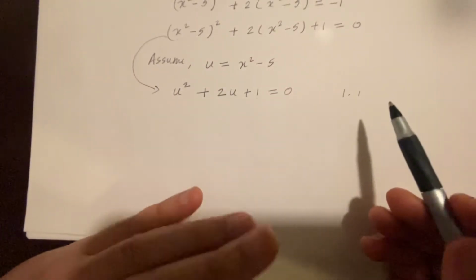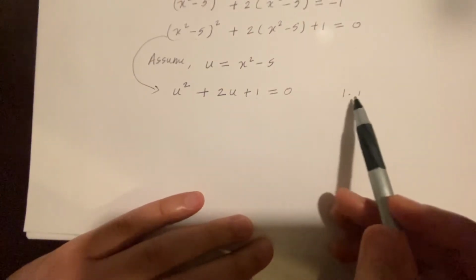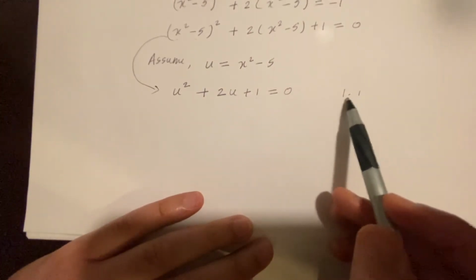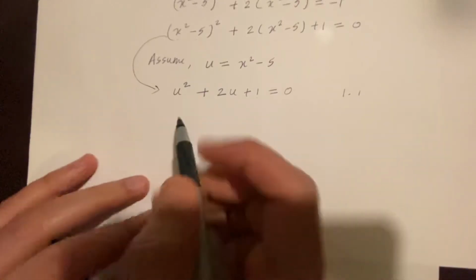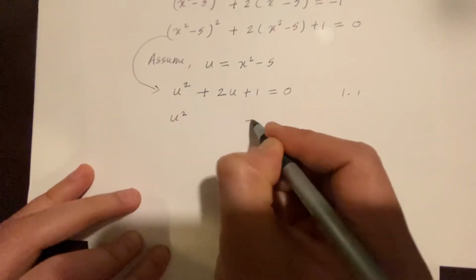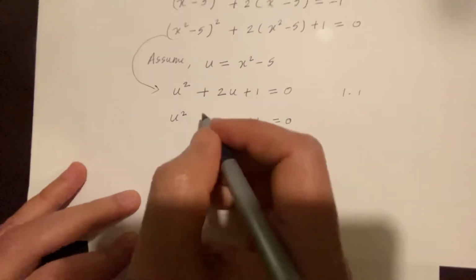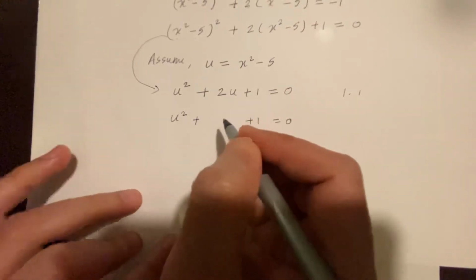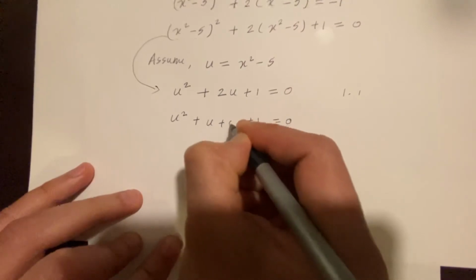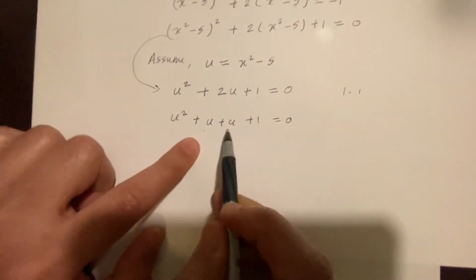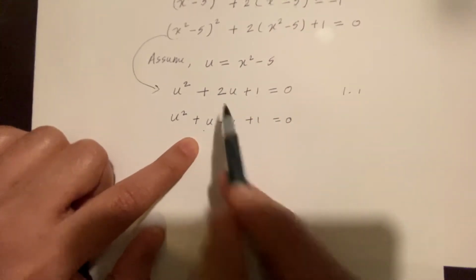For the middle term 2u, using 1 and 1, we can say 1u plus 1u, so u plus u is 2u.